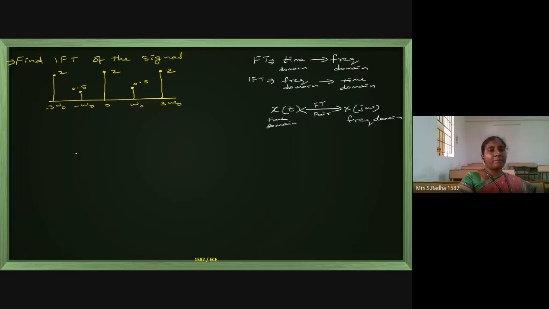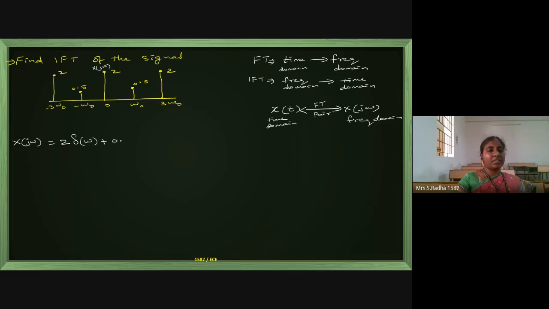Now for the given diagram, let us start writing. Let the name of the signal be x of j omega. Write an equation. It is having an amplitude 2 units at origin, so I will write 2 times del of omega. Del means impulse.